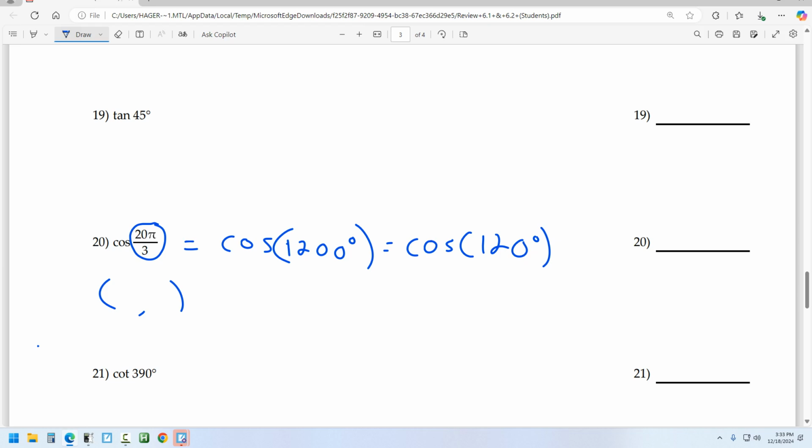This is unit circle trig, right? Yep. So how do we do unit circle trig now that we know the angle is 120? We really need to get the coordinate. So how do we figure that out if we don't know it right now? What could I do to start to figure it out?